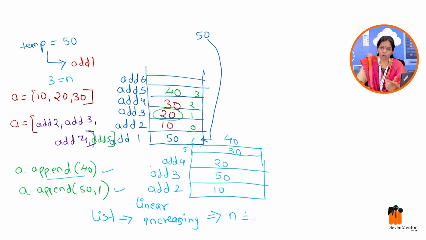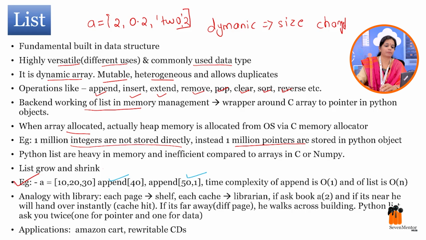Big O notation is for time complexity. We can represent it as O of n. So if we are doing some operations like appending, the time complexity is O of n. Clear? And we saw O of 1 and O of 1. When we append, it is O of 1 because it takes the same time to append any of the values.